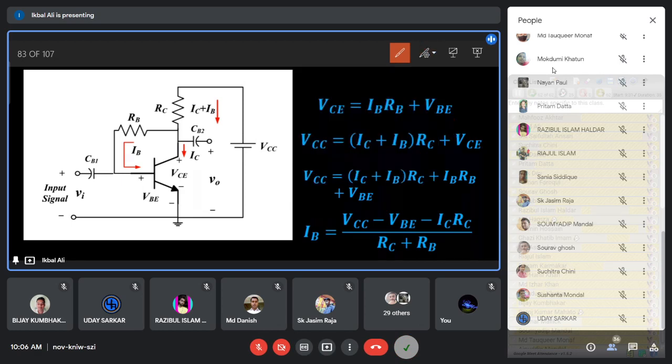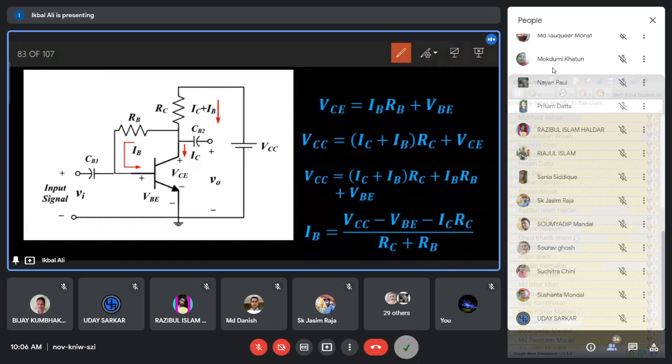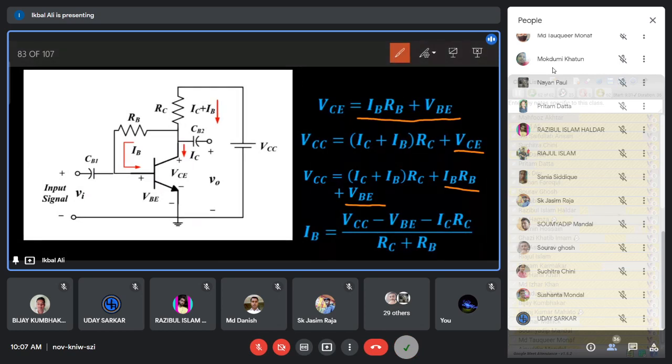If we substitute this, then VCC will become IC plus IB into RC plus, instead of VCE, we have to write IBRB plus VBE, because we have calculated VCE through another electrical path of this circuit.